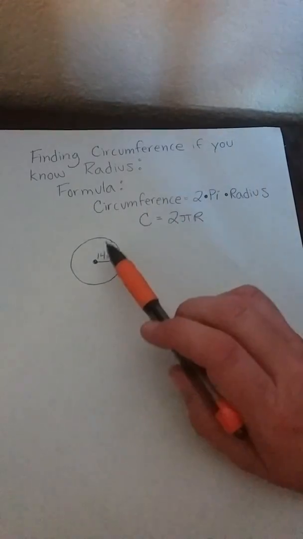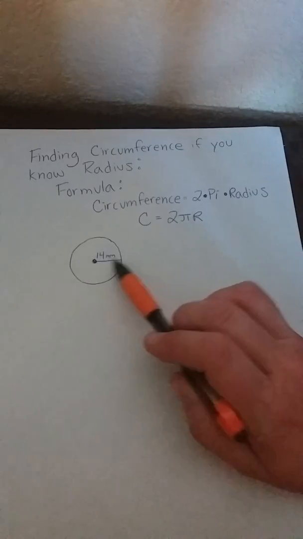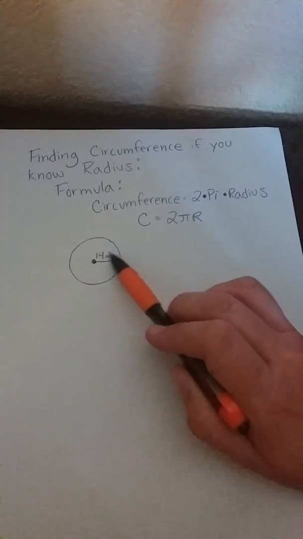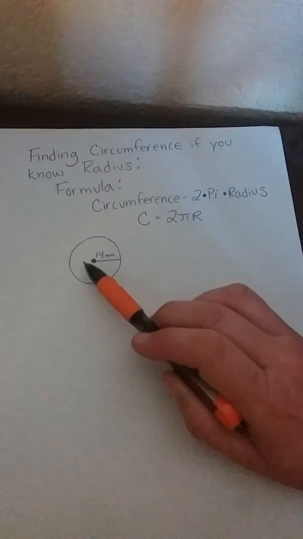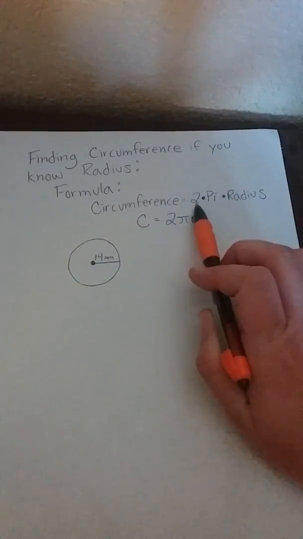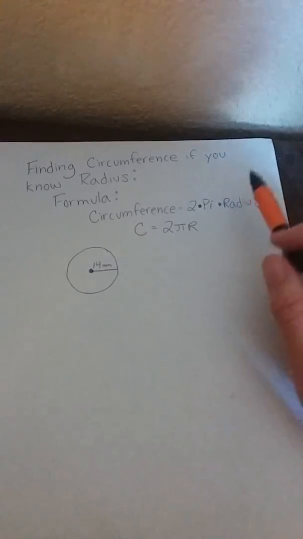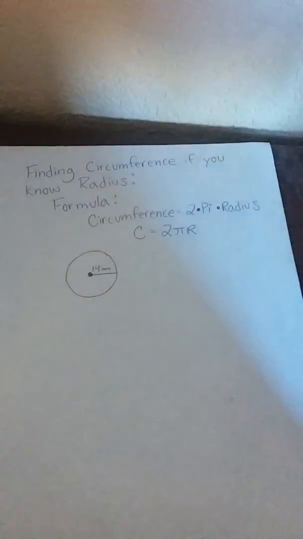It comes from the fact that you need 2 radii, you need a radius twice, in order to be an entire diameter. So since we only have a piece of the diameter, we only have a half of it, we need 2 of them to get all the way across our circle. So that's why there's a 2 in this one. So circumference is 2 times pi times the radius, or we can abbreviate that as C equals 2πr.